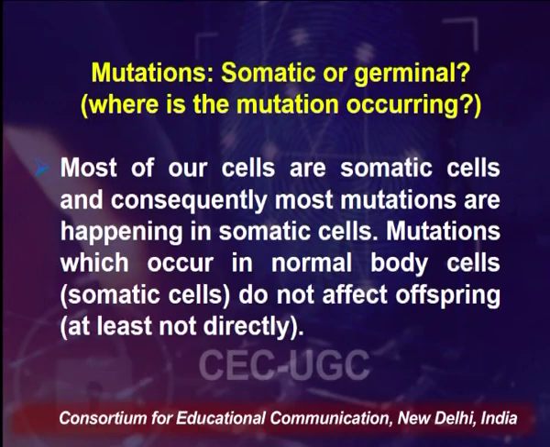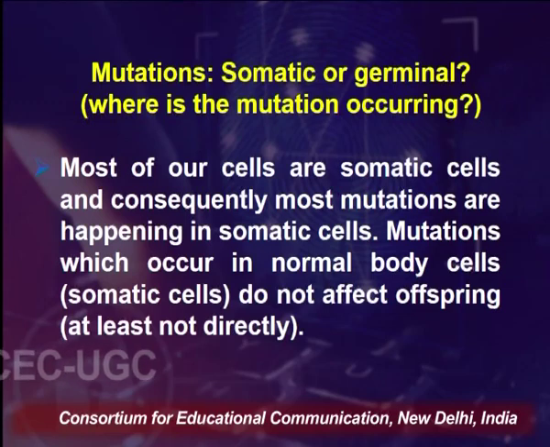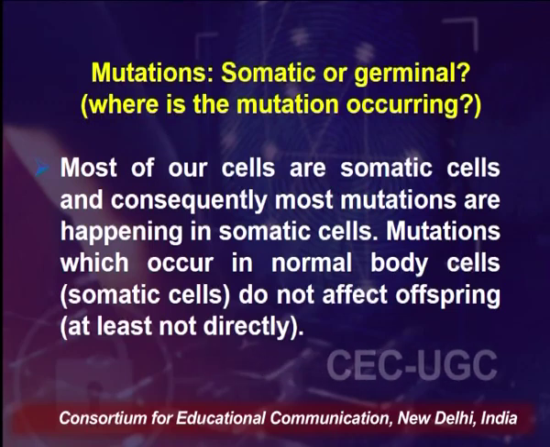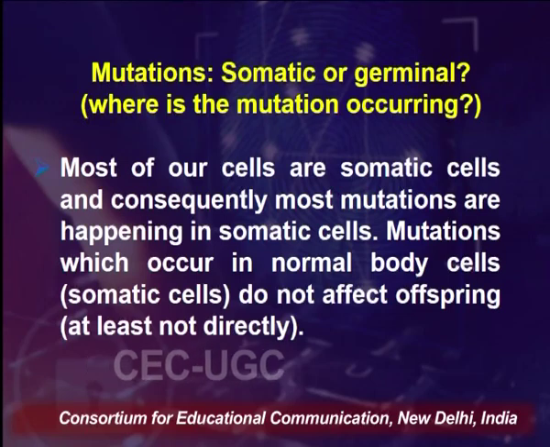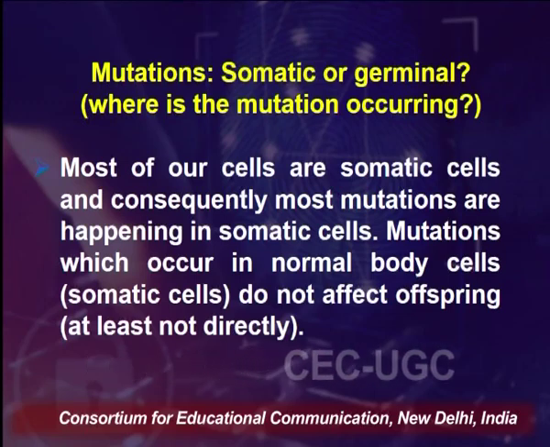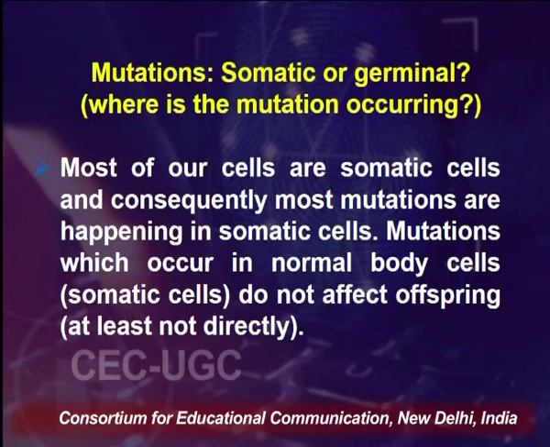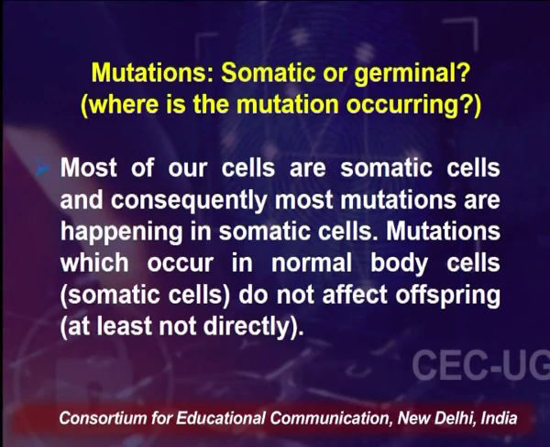So, where is the mutation occurring? Whether it is occurring in somatic cells or in germ cells. If mutations occur in the germ line, they are transferred to another generation. If mutations occur in somatic cells, which are normal body cells, they do not affect the offspring, at least not directly.